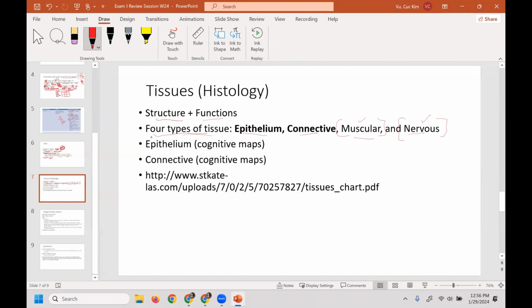What I did go into in a lot of detail is epithelium and connective. So you really want to focus on these two.